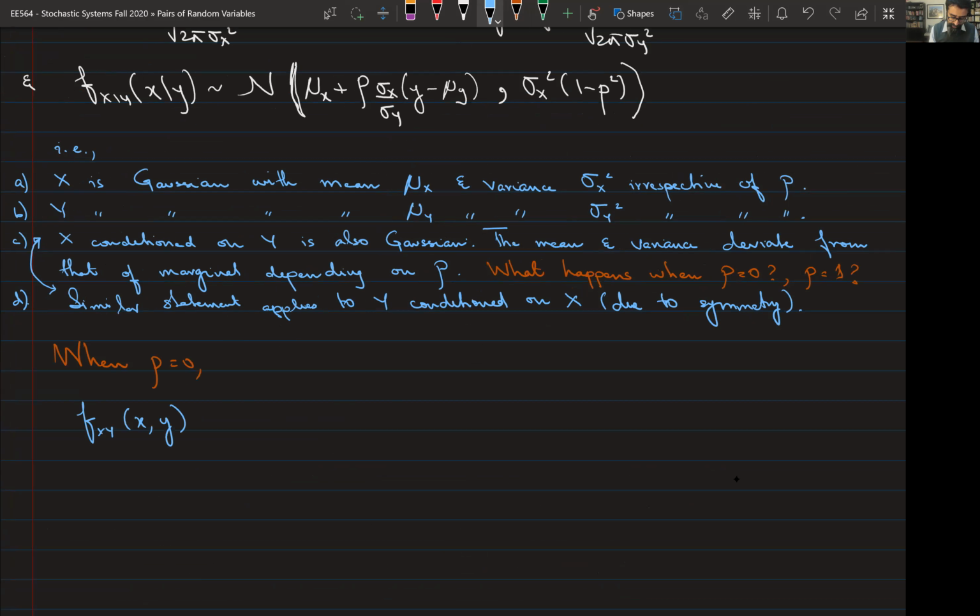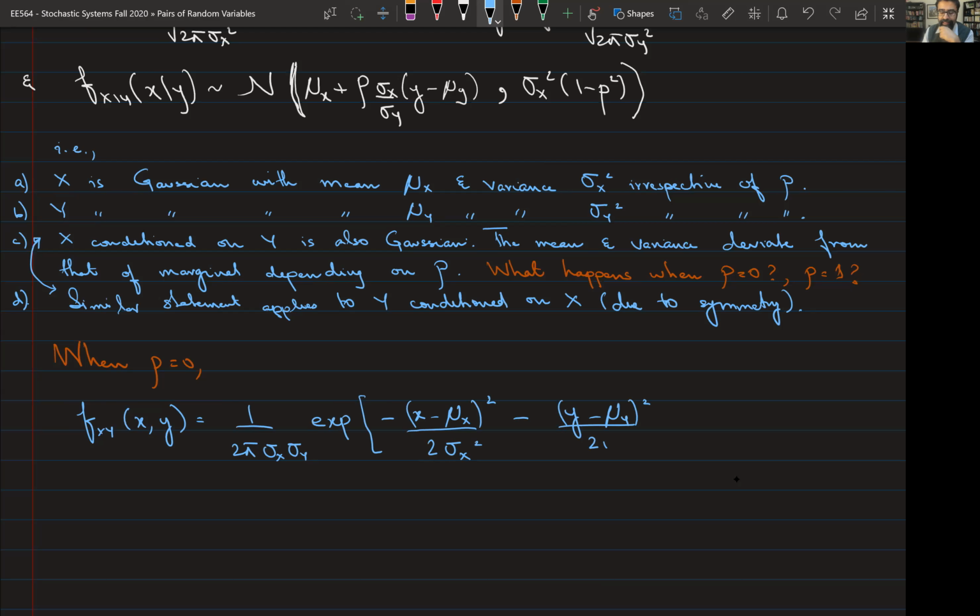This turns out to be equal to 1 upon 2 pi sigma x sigma y, and then e raised to the power minus (x minus mu x) whole squared divided by 2 sigma x squared minus (y minus mu y) whole squared divided by 2 sigma y squared. Right, so this is when rho equals 0.